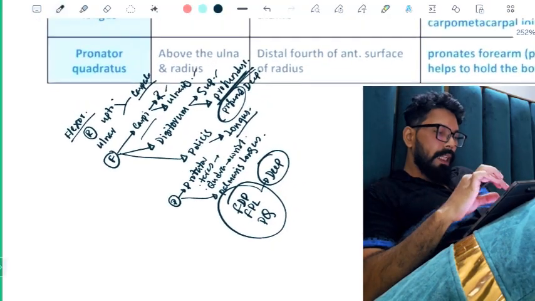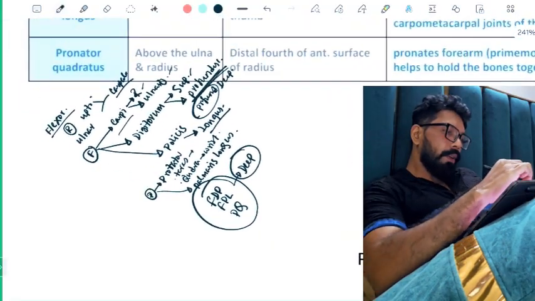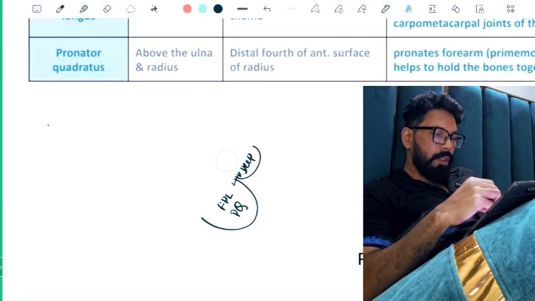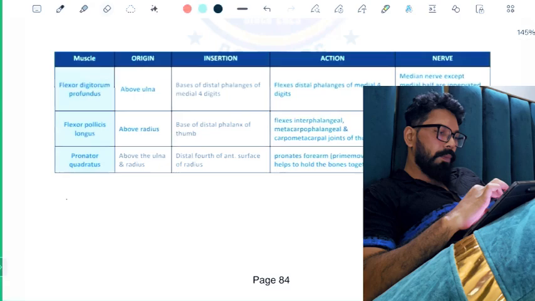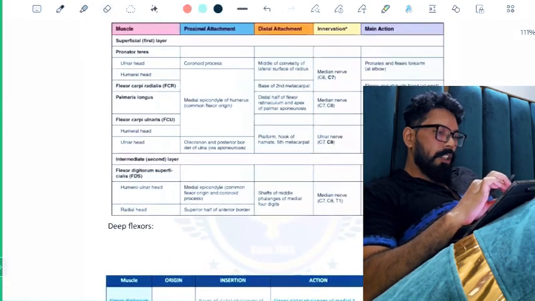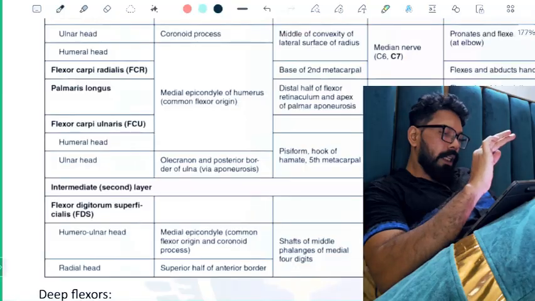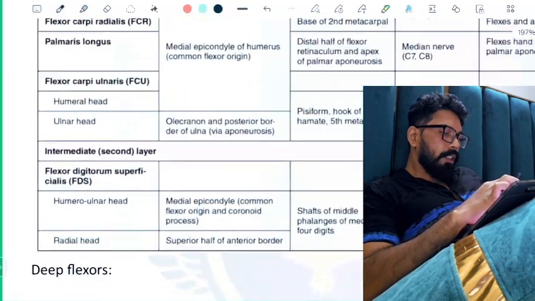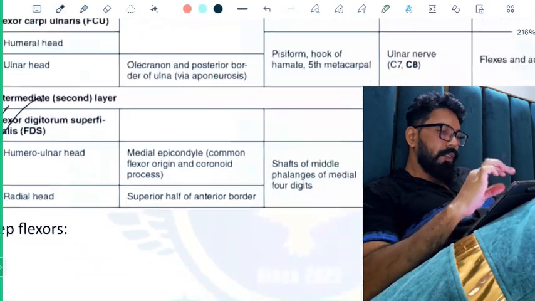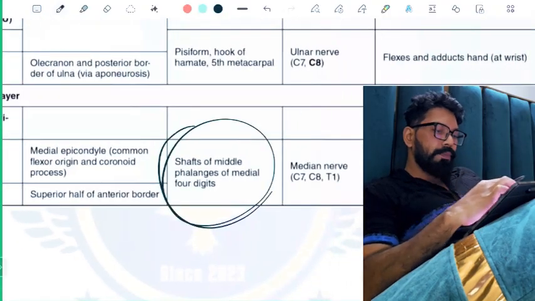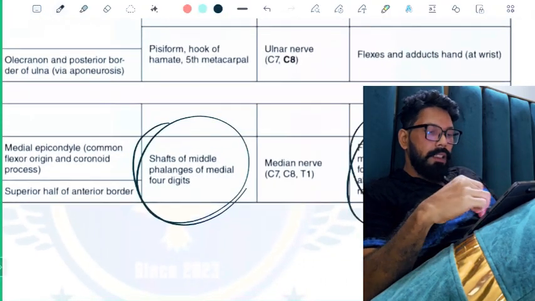Okay. Then we have the extensor side. So these are just the names. All you need are the names. Do you need to know the actions? From the actions, like I told you, you need to know flexor digitorum superficialis, where it's attached and its action.